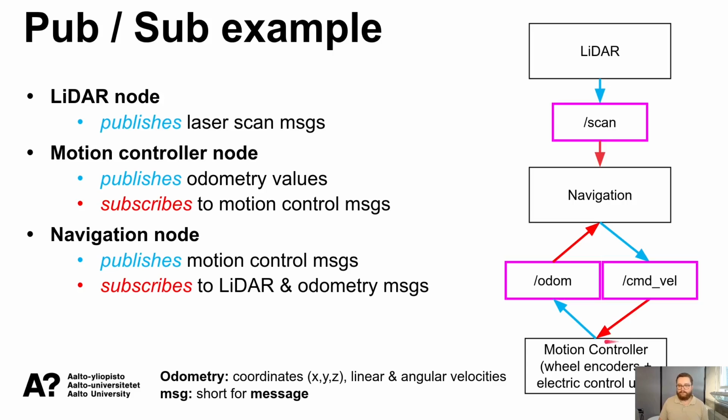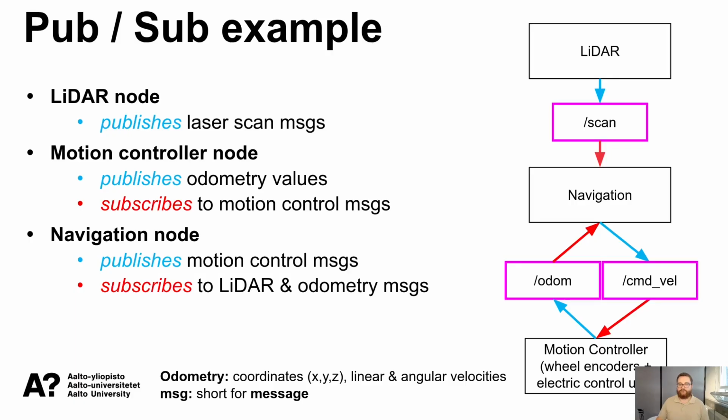And then it's publishing this information as odometry values of the robot to a topic /odom. And then this information in turn is being subscribed to by, again, our navigation node, which then uses this information as a sort of feedback loop to know how the robot is moving based on the encoder values.